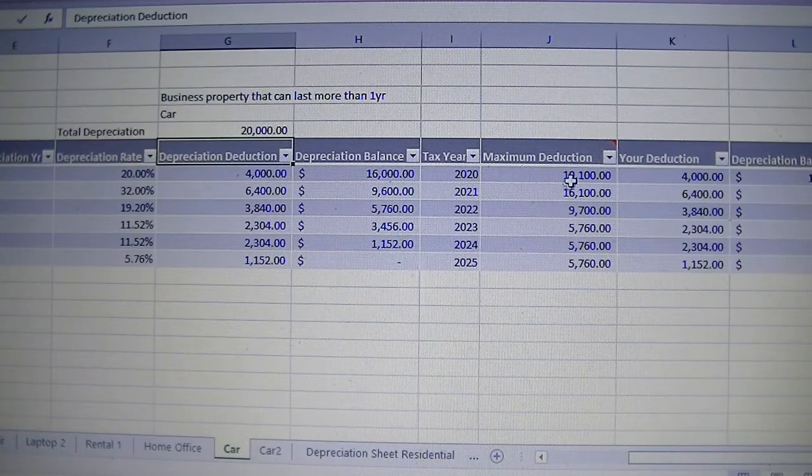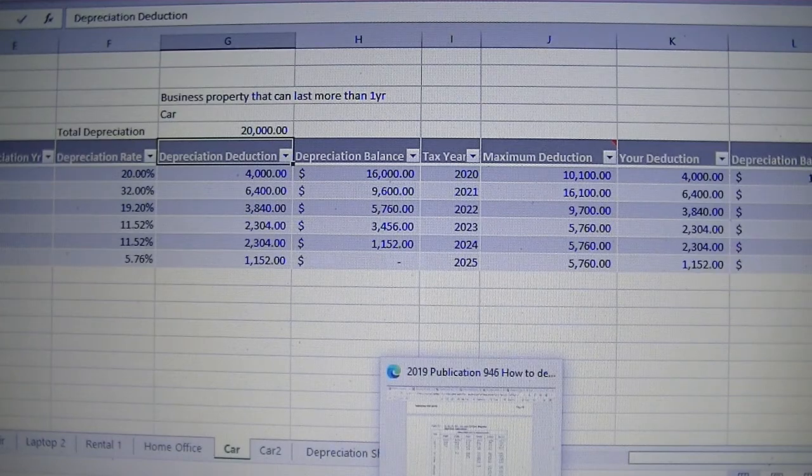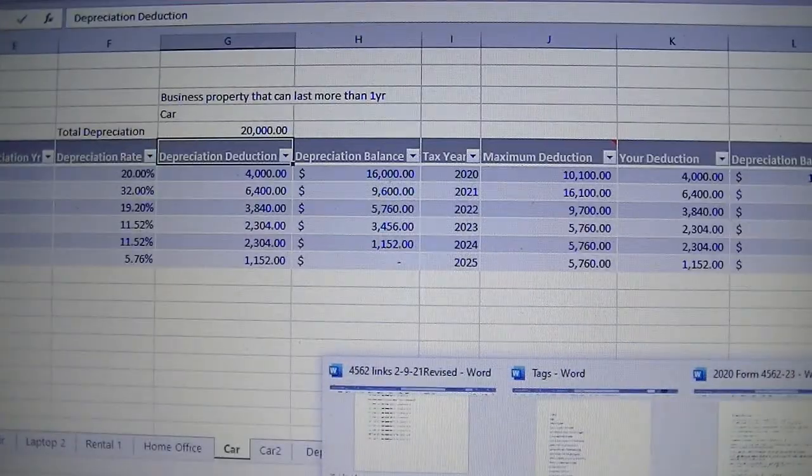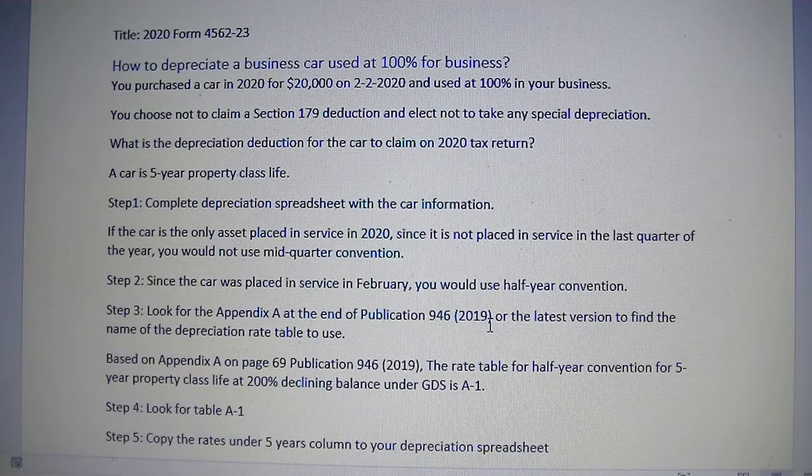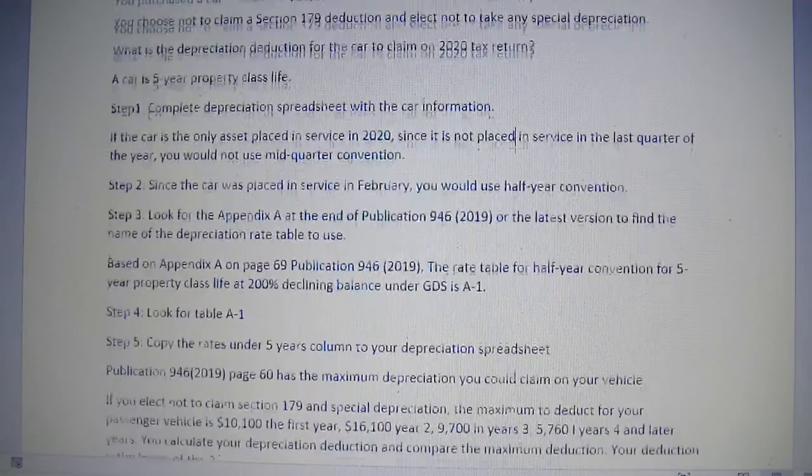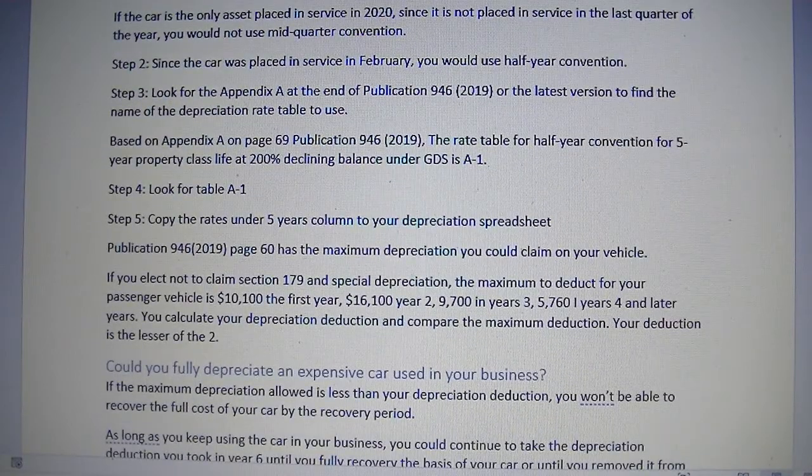So the maximum depreciation deduction is found in Publication 946, page CC.